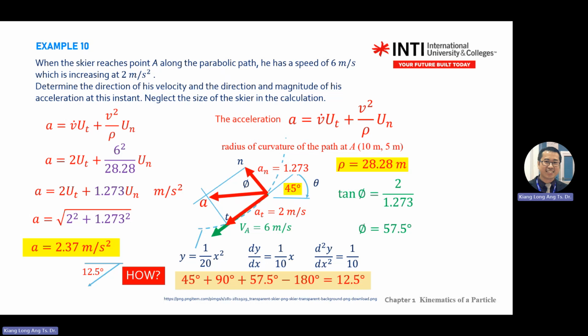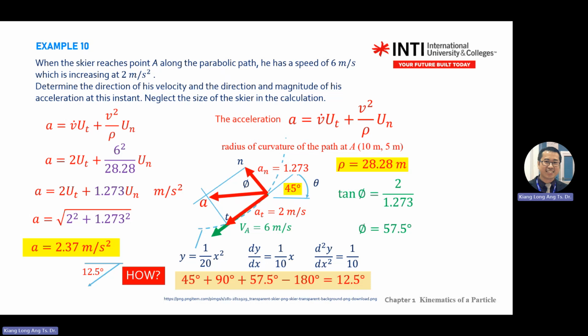You do 45 plus 90 plus 71.5 minus 180. You need to redraw the whole diagram again. So 45, it is here. You draw a line, then draw a horizontal line. So 45 plus 90 plus here plus 90, you get the remaining angle.